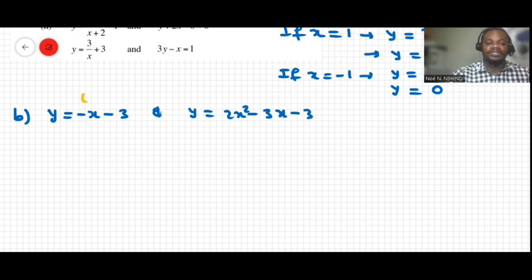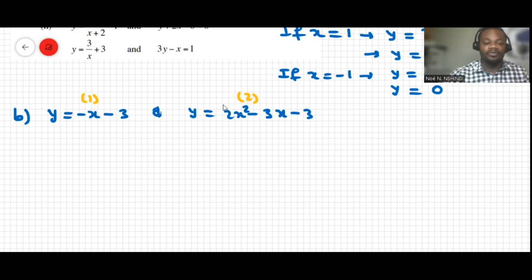This is equation 1, and that's equation 2. Now note that the two equations are expressed in terms of y. So what we can do is just equate the contents. Because they say y equal to this, and over here y equal to that, which means the contents are equal. If y equal this, y equal that, then y is y, because they're both y. So we can just equate the contents.